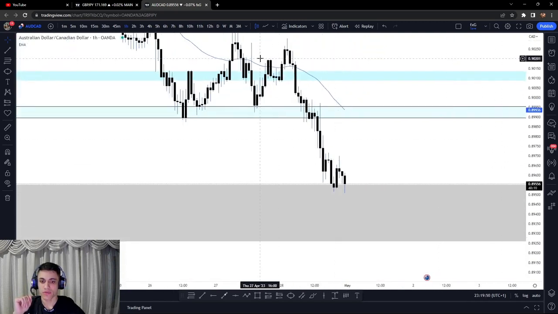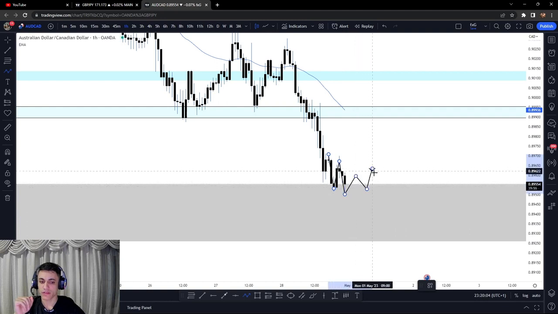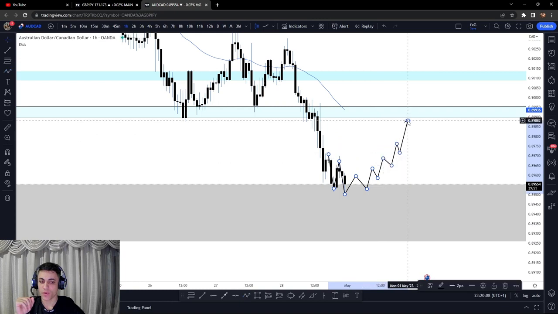So right now the market is still bearish. We are above support, so I would do nothing until the market does something like this. Because look, structure is still bearish, making lower lows, lower highs. We don't know where this was going to close, and then if it starts doing this, you can see how the market switched to the upside. Boom.